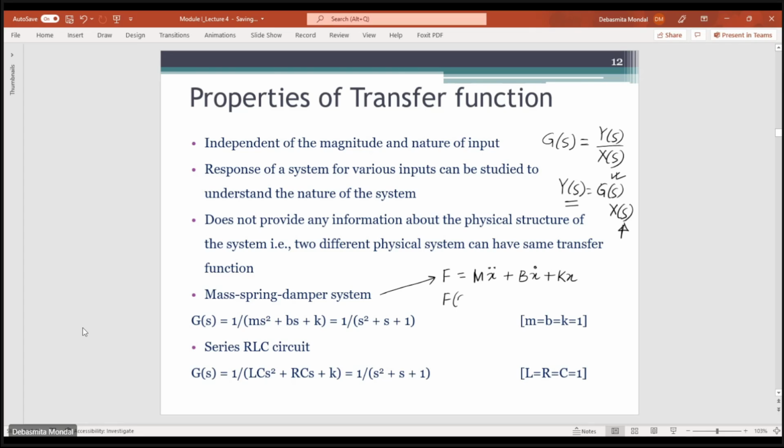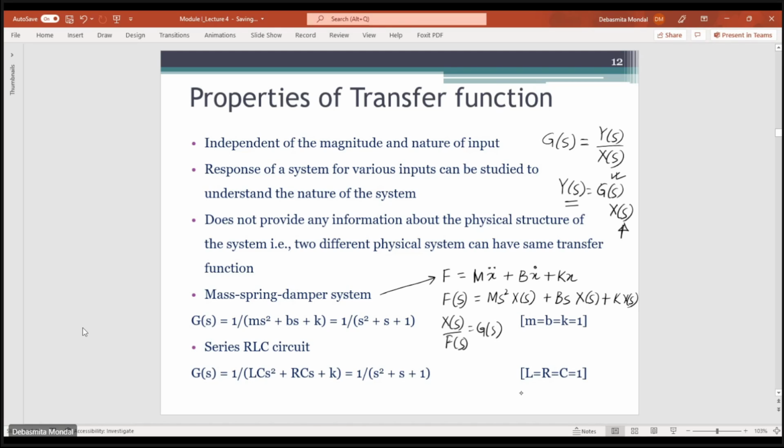If you take the Laplace transform, F(s) equals m s² X(s) plus b s X(s) plus k X(s). So X(s) by F(s), which is G(s), is given by 1 by (m s² plus b s plus k).